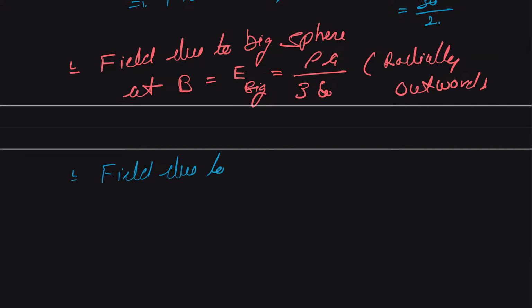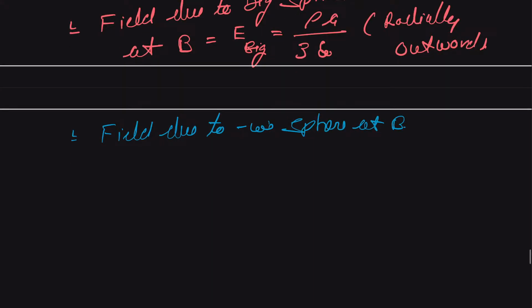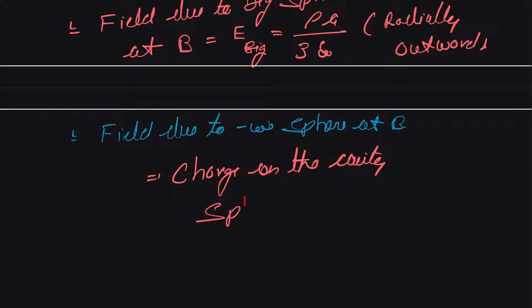Now let's find out the field due to the negative sphere at B, and for that we can easily find out the charge on the cavity. Let us call the charge on the cavity sphere q prime, and this q prime is equal to minus charge density times 4 by 3 pi r cube, where the radius is A by 2, this whole cube.